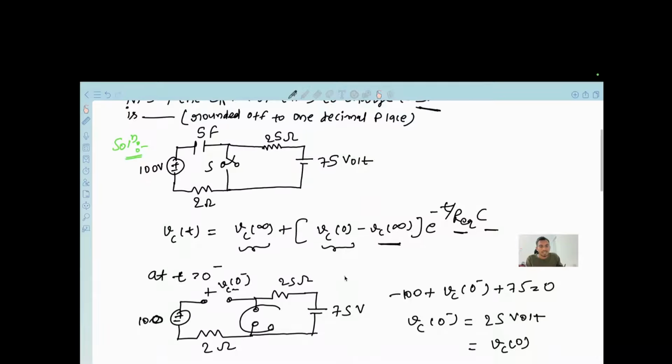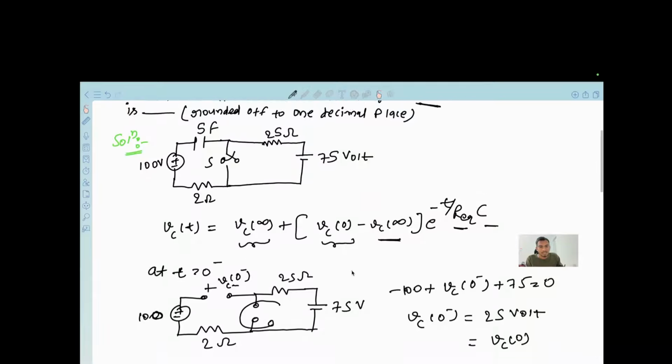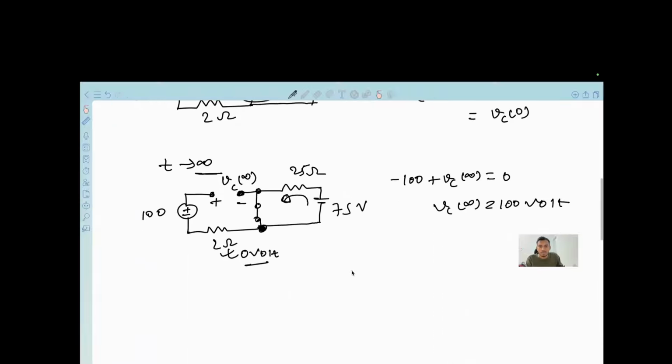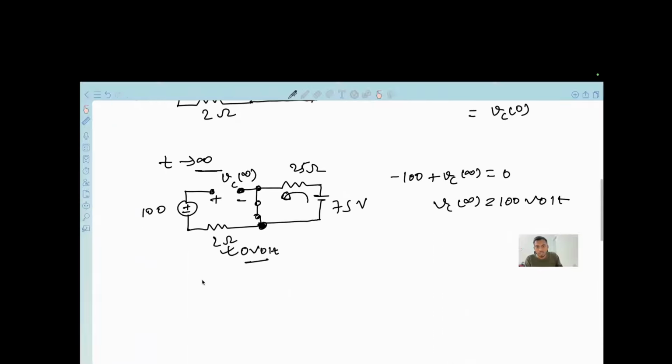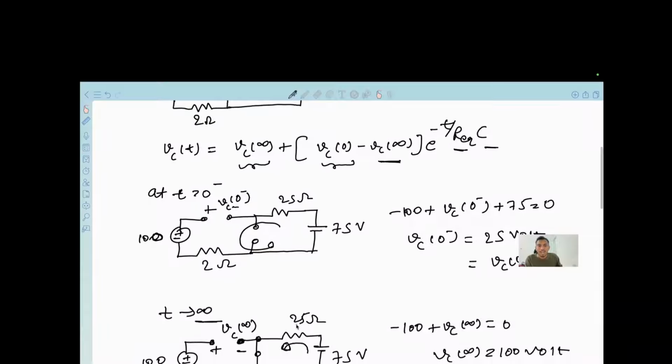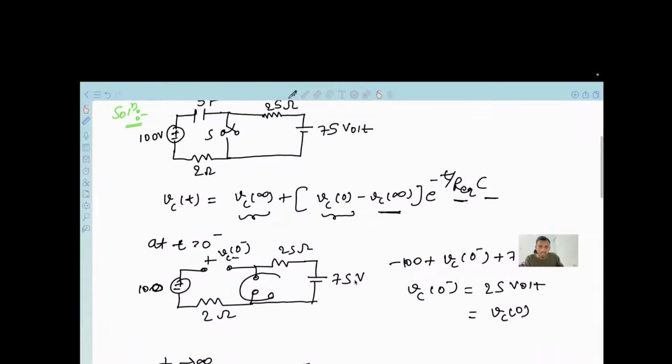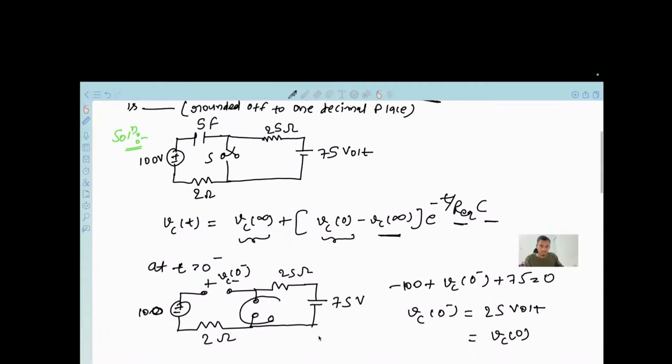How can you calculate R equivalent? R equivalent is the same as the Thevenin equivalent. To calculate it, you will have to draw this circuit at t greater than 0, and we just open the current source and short the voltage source.